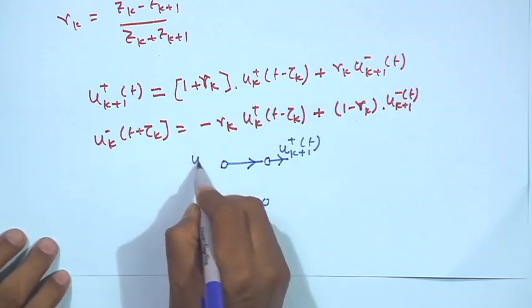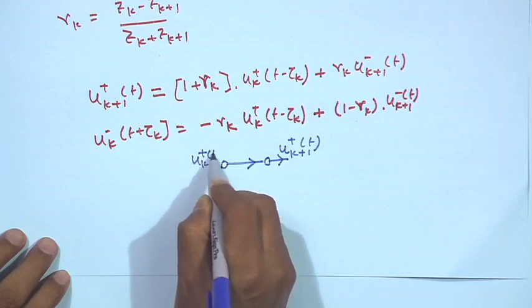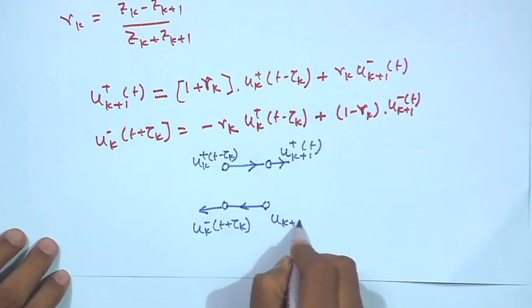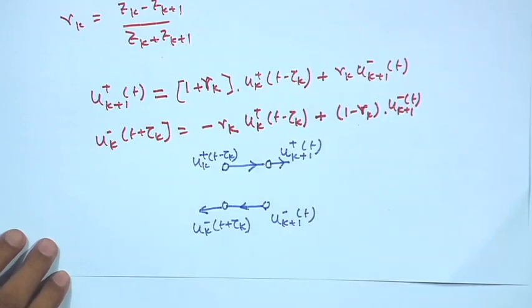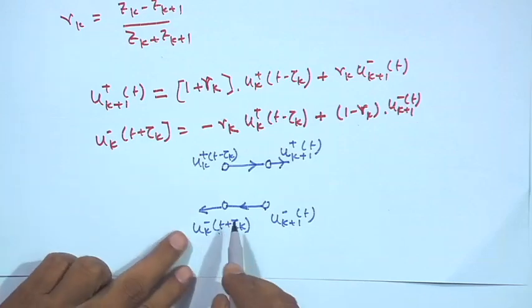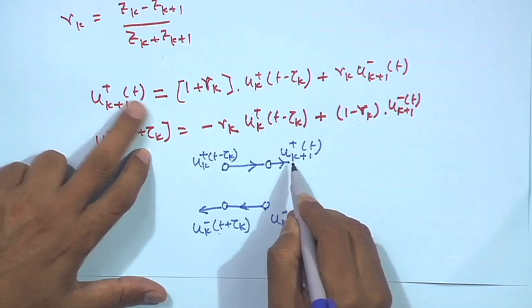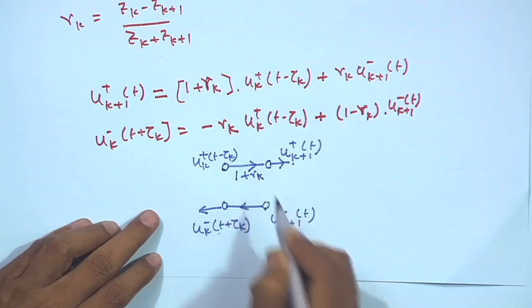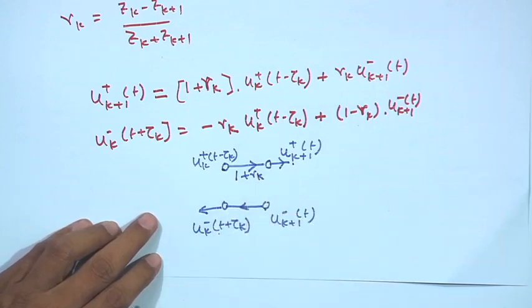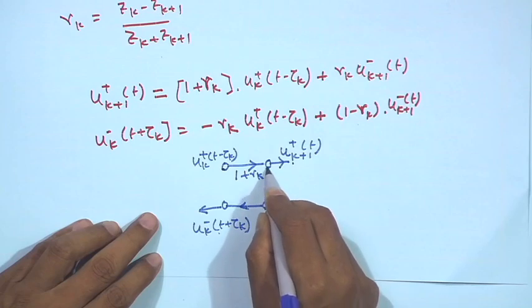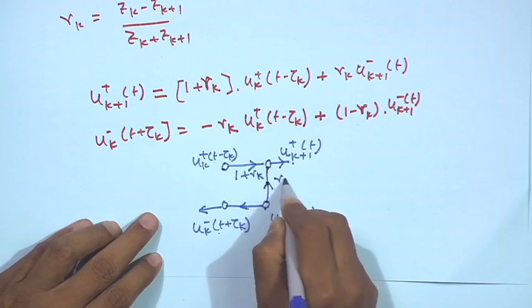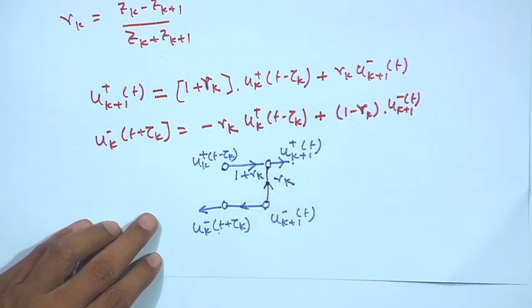So, this is nothing but u_k^+(t minus tau_k), and this is nothing but u_{k+1}^-(t). So, I can say u_{k+1}^+(t) is nothing but 1 plus r_k into this signal, and a signal from here has to be added there, which is multiplied by r_k. Okay or not?